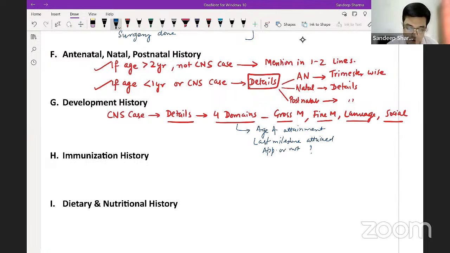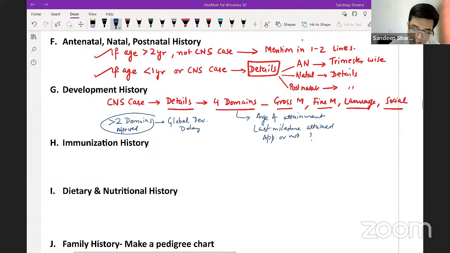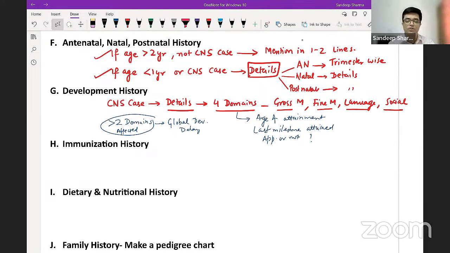If more than 2 domains are significantly affected, we say global developmental delay. Otherwise, you say isolated language delay, isolated social cognitive delay, isolated fine motor delay, and so on.